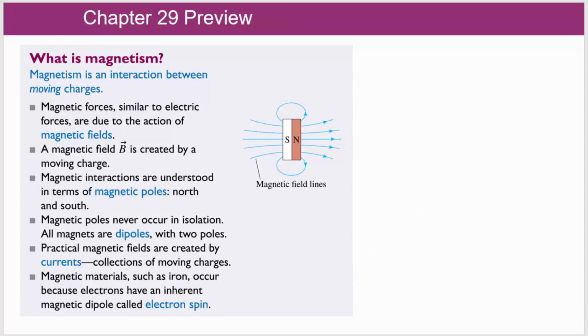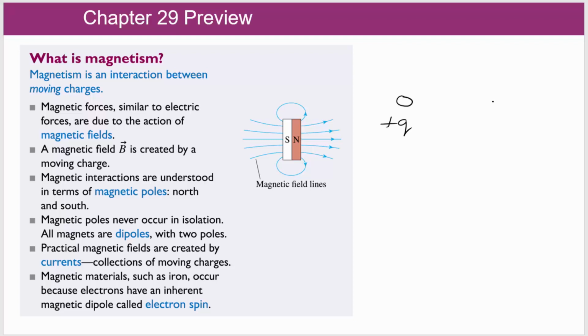We can visualize or describe the magnetic field of a magnetic material by drawing magnetic field lines, similar to how we drew the electric field lines for a charged particle. We had the electric field lines for an electric dipole.